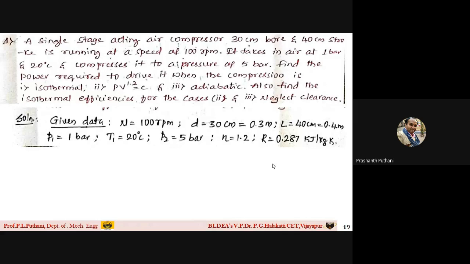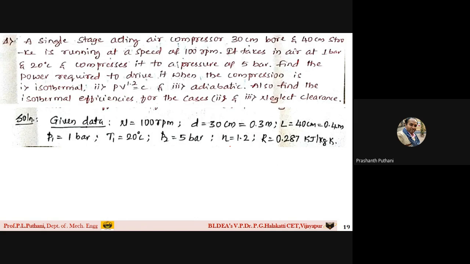One more important point I would like to tell you here is for a single stage, the notation to take is X. Single stage means X is equal to 1, double stage means X is equal to 2. I said this because 1.2 we have taken the symbol as small n, so don't get confused. You can take the single stage, double stage symbol as X.